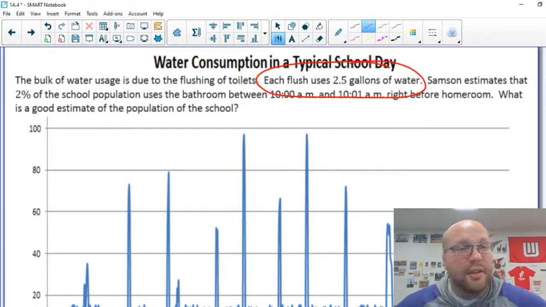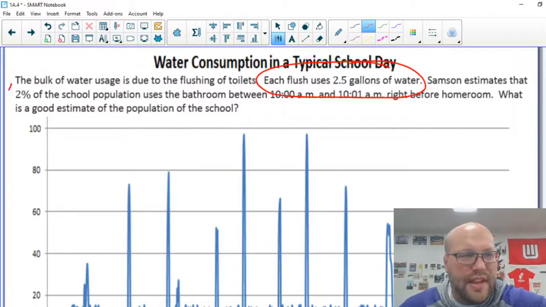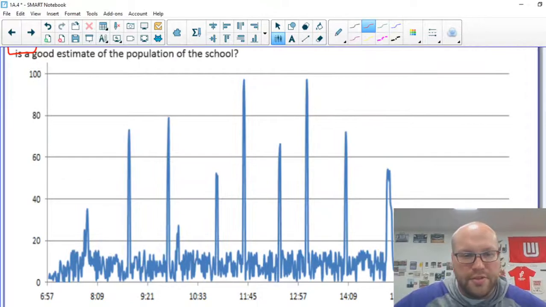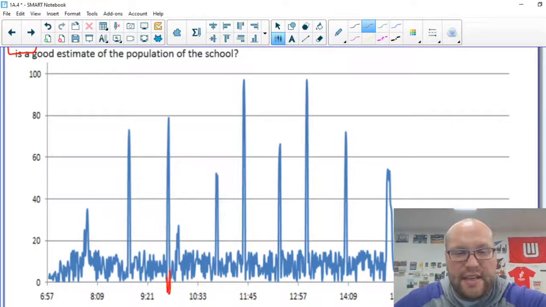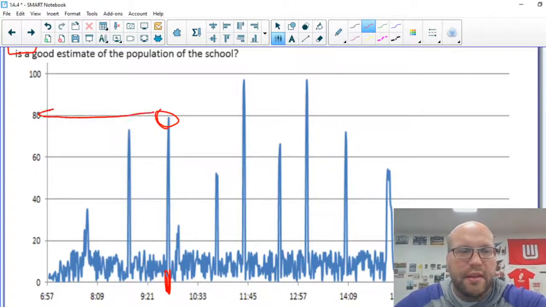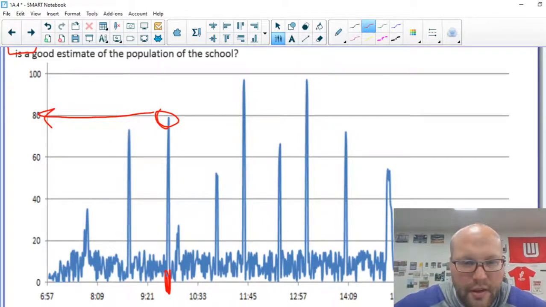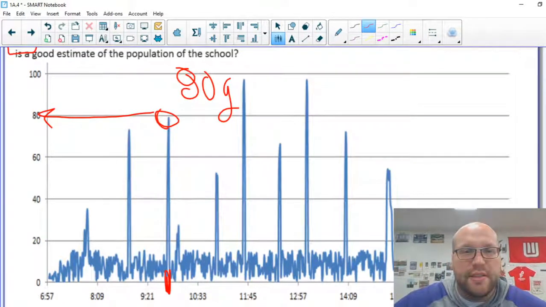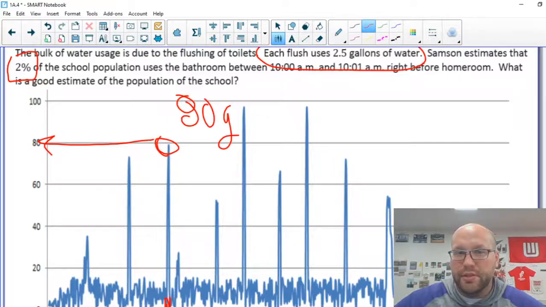And the estimation is that about 2% of the population is using the restroom, flushing toilets, in this 10 o'clock little window. So this number represents 2% of the population, and our prediction is that that's 80 flushes or 80 gallons. So 80 gallons of water is used in that time frame, and we're going to use this information to predict the population.